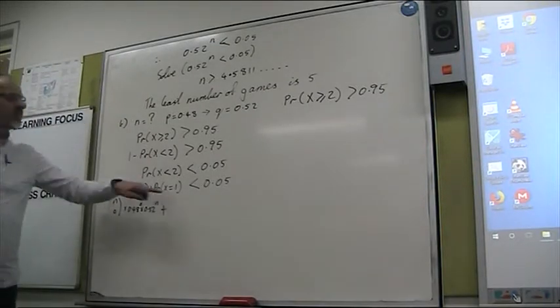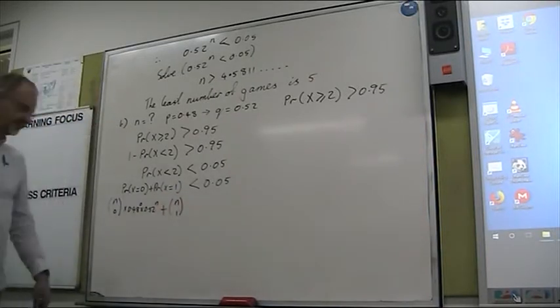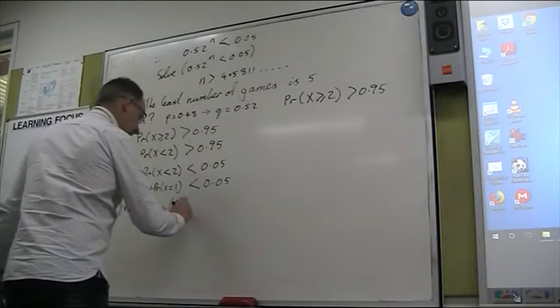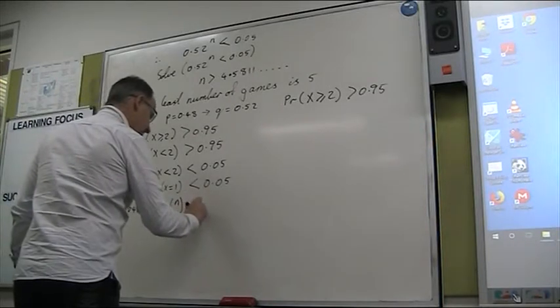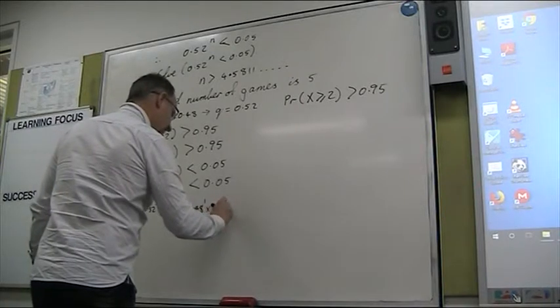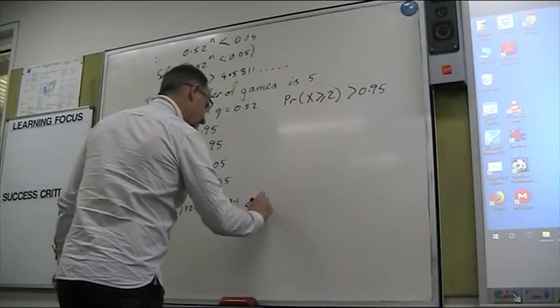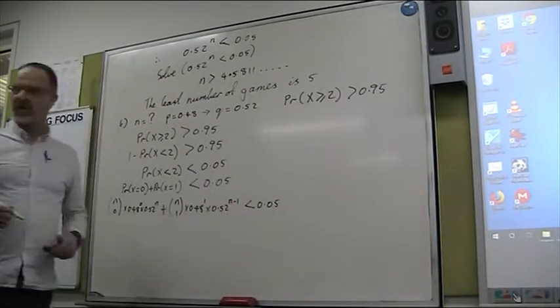When x is equal to 1, so n trials, 1 win, 0.48 to the 1 times 0.52 to the n minus 1, and we want that to be less than 0.05.